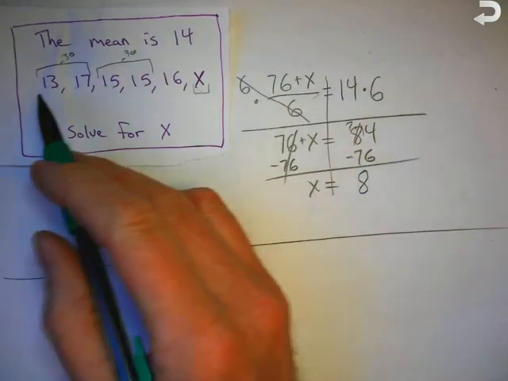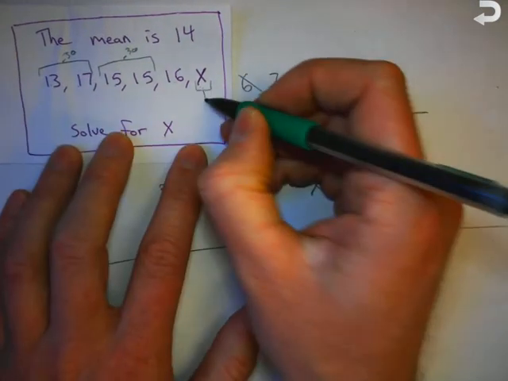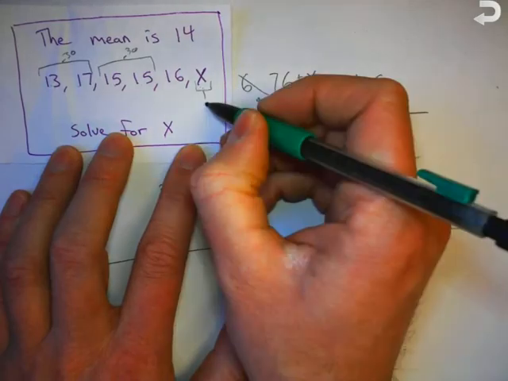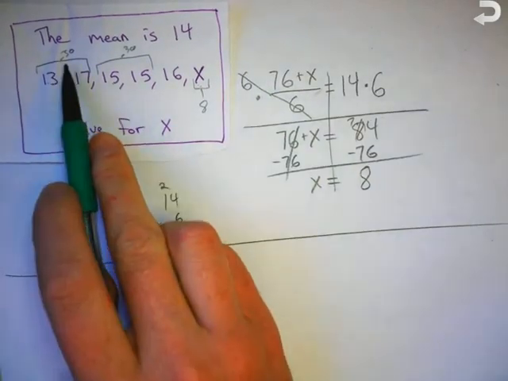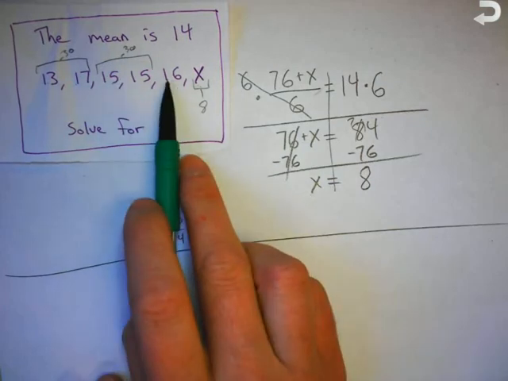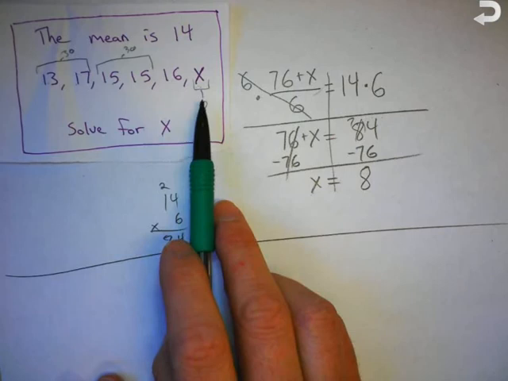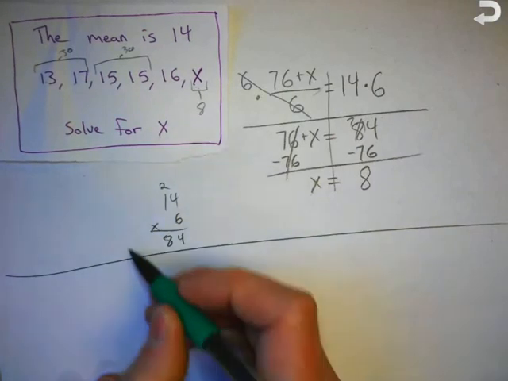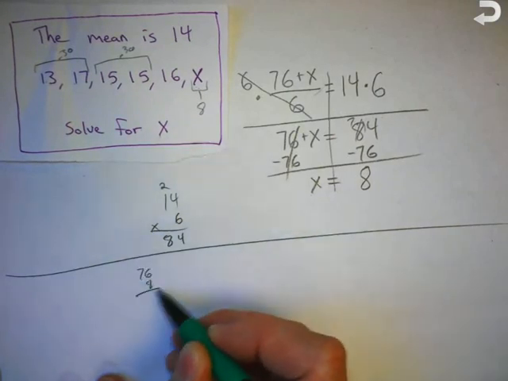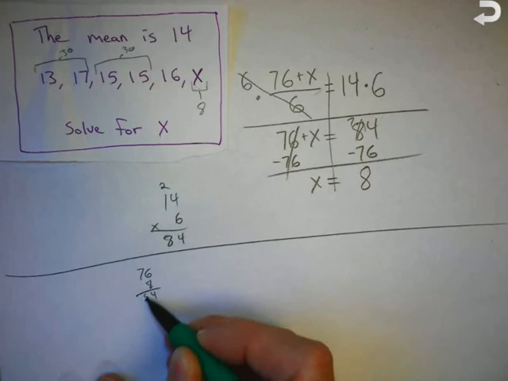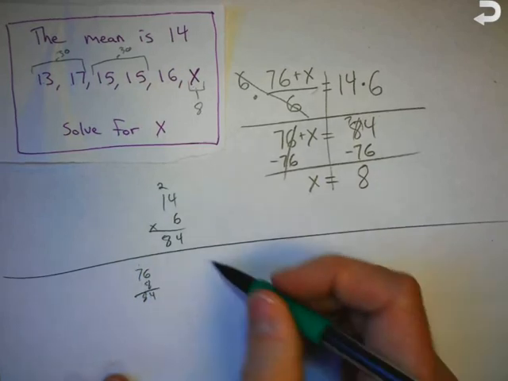We can check that. If we go back, we can check this. So let's add these all together. It's no longer x, it's 8. So let's see if it works. 30 plus 30 is 60, plus 16 is 76, plus 8, that's going to be 84.